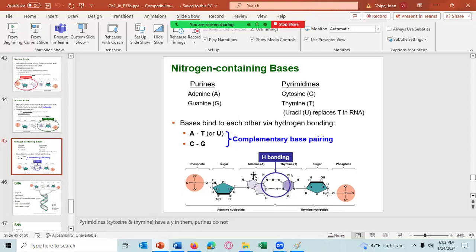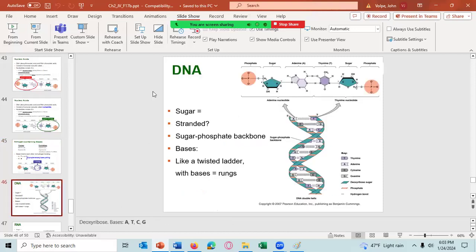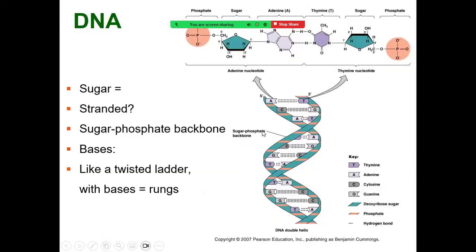As shown here, the A and the T have two hydrogen bonds between them.